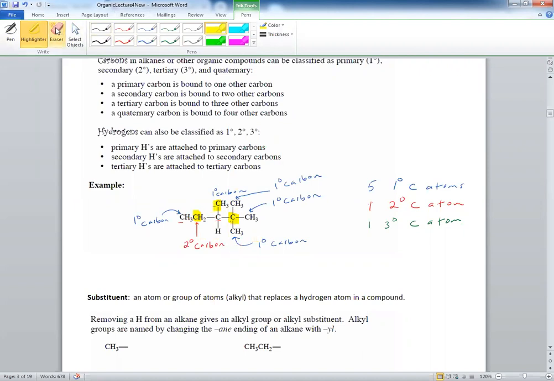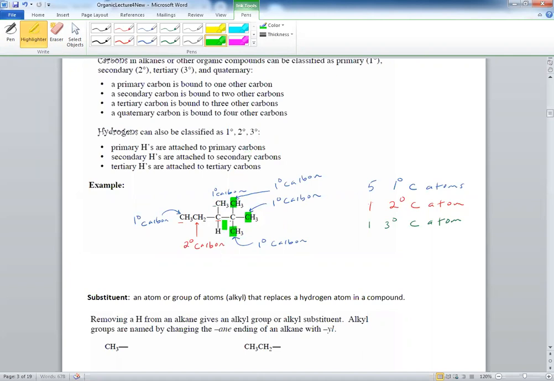And then, lastly, let's erase this highlighting, at least on this one. Let's see if we have any quaternary carbons. You're looking for a carbon attached to 4 other carbons. Well, let's see. This one, here's 1. That's the only one that remains.